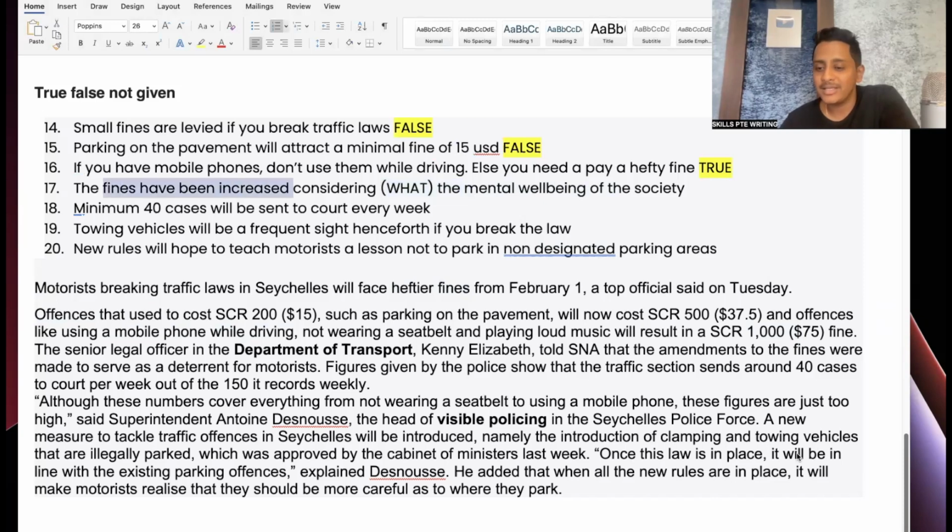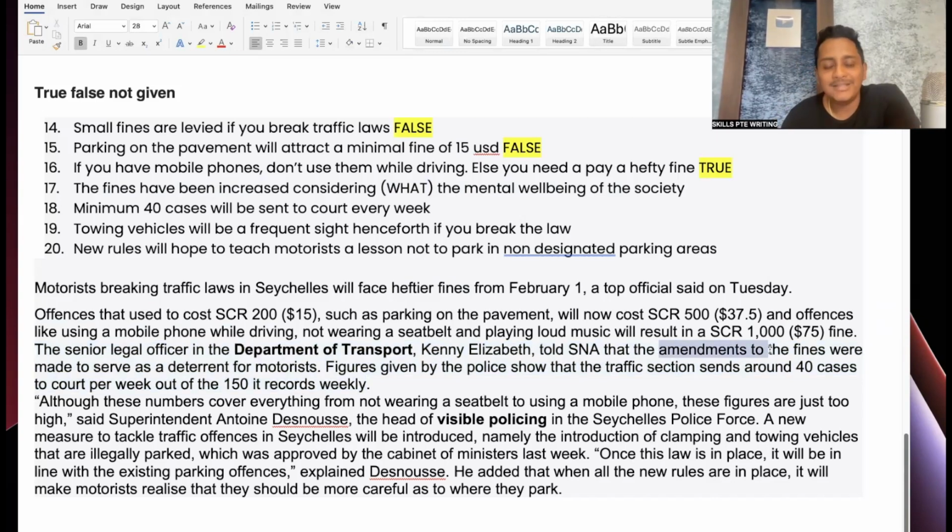I want a quick reaction, please. Why have the fines been increased? It is right over here. Anybody? Very good, Pallavi. Deterrent for the motorist means to stop the motorist. Deter means to stop. Stop the motorist from breaking the rules, from going away from safety.